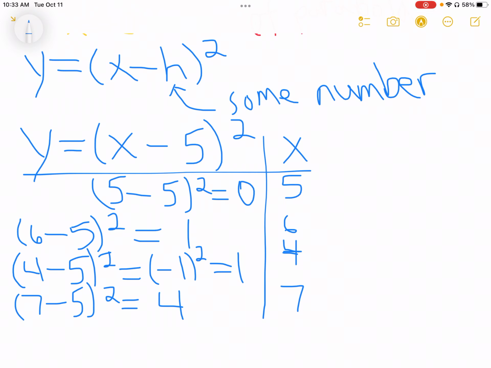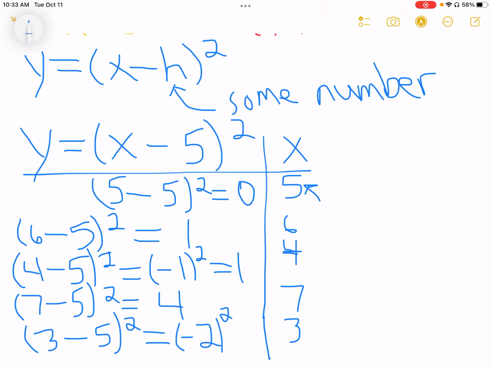Okay, so you can see I picked 5, and then I'm picking the values right around 5. Let's pick, instead of 4, let's pick 3. If I pick 3, then I'll have 3 minus 5 squared, which is minus 2 squared, and minus 2 times minus 2 is 4.